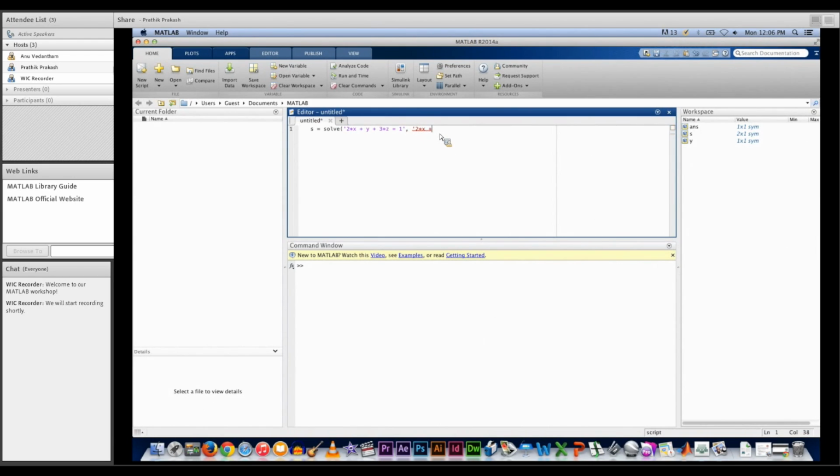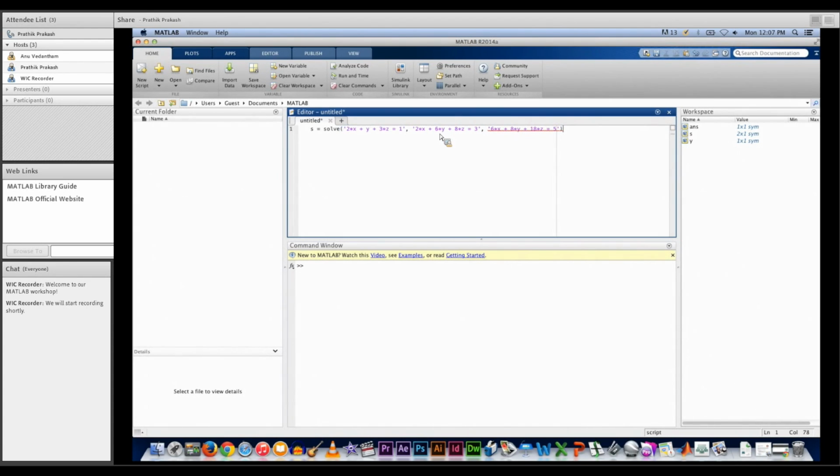So 2 star x is 2x, and 6 into y is 6y. Right now I'm equating it to 3. So that's my second equation. And this is my third equation.